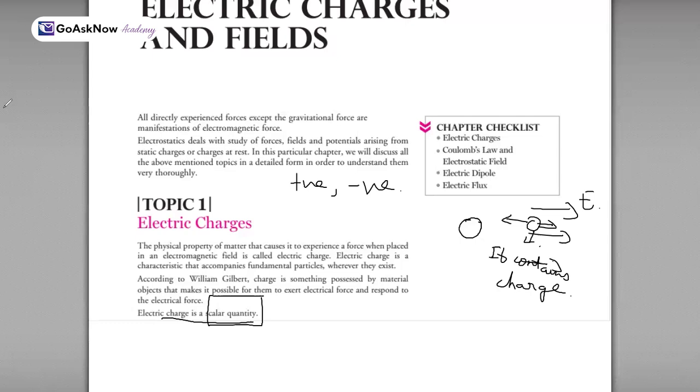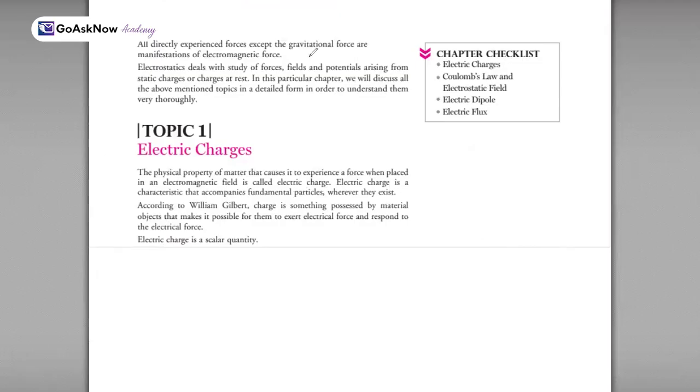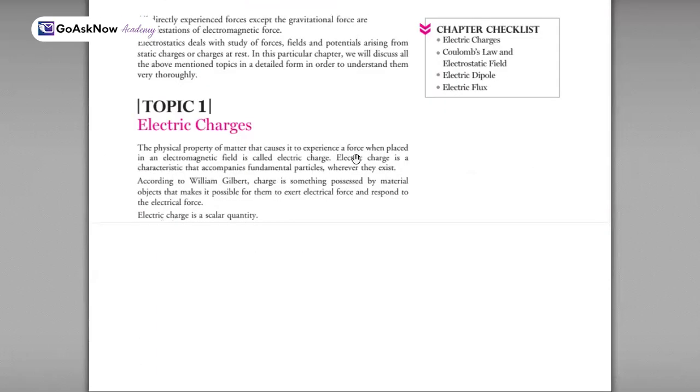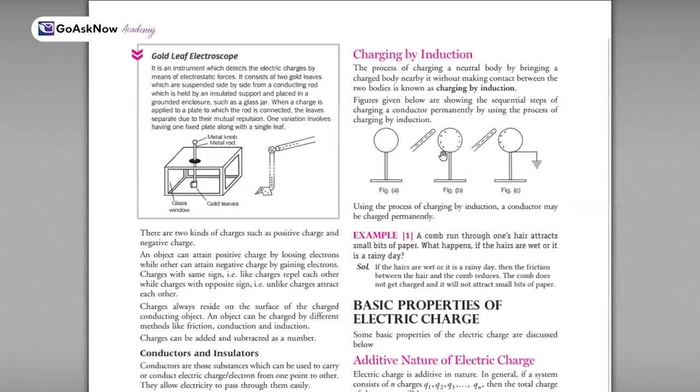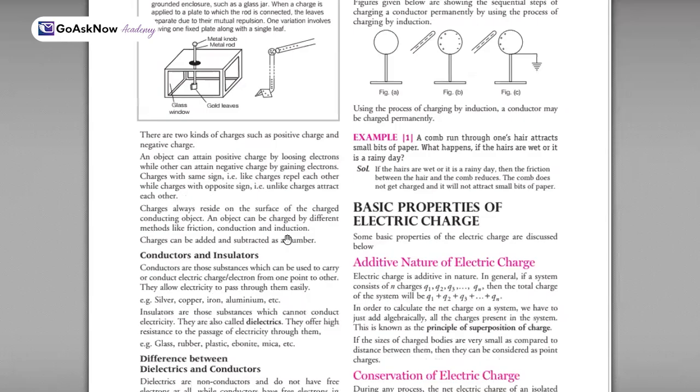So let's move further. There are methods. I have already told you that there are two types of charges, positive charge and negative charge. An object can attain positive charge by losing electrons.